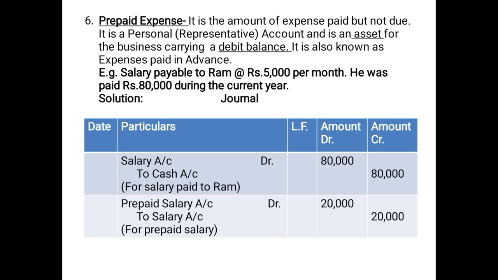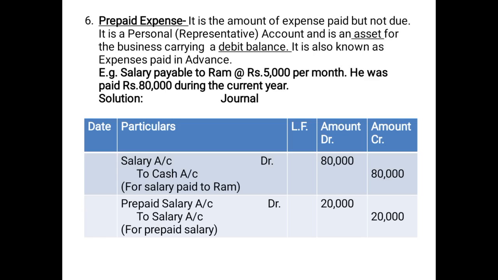That means 20,000 is prepaid salary, prepaid expense. So this 20,000 which has been paid in advance to Ram is an asset for the business, because now this 20,000 further will not be paid once again. It is an asset for the business and therefore it carries a debit balance.